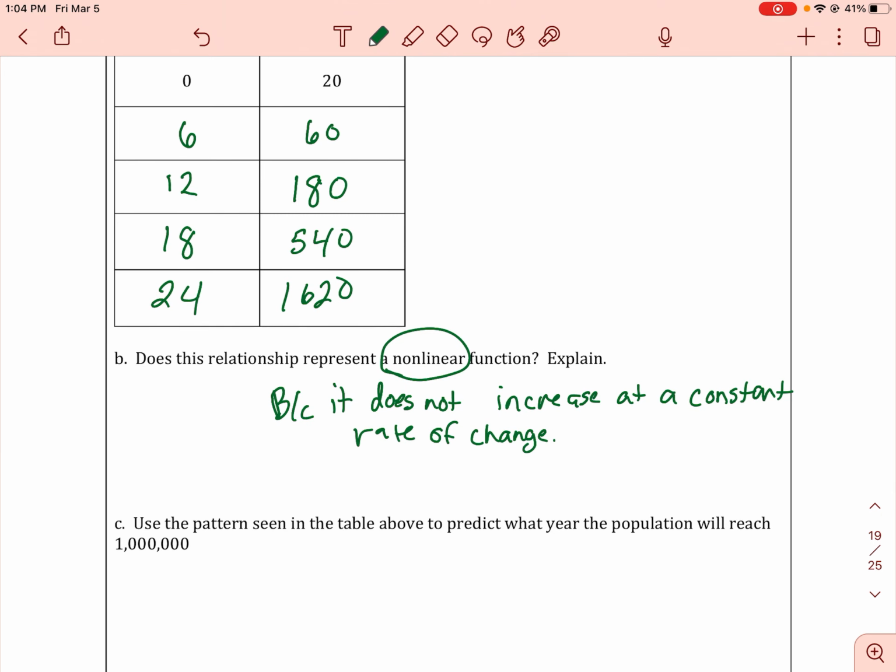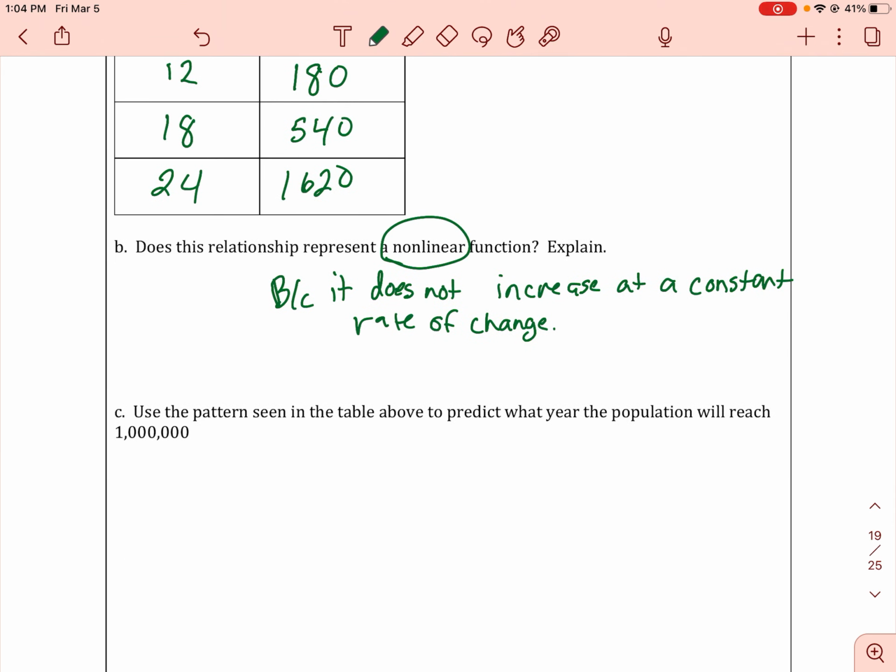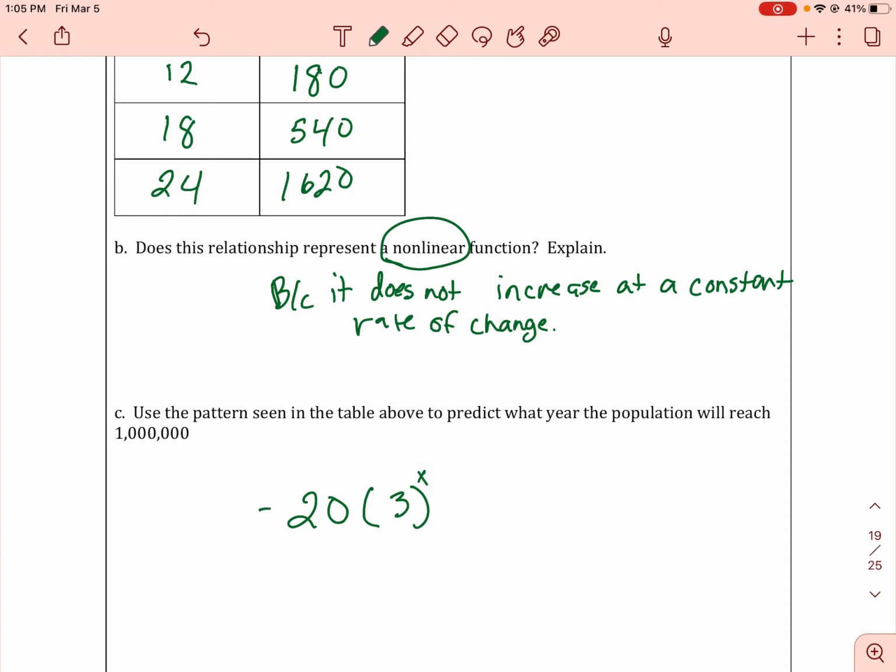So we have to use the pattern above to see when the population will reach 1,000. So we started with 20 rabbits. It triples every 6 months, right? And we want to know when it will reach 1,000. Sorry, 1 million.